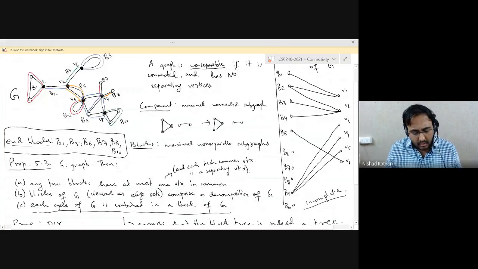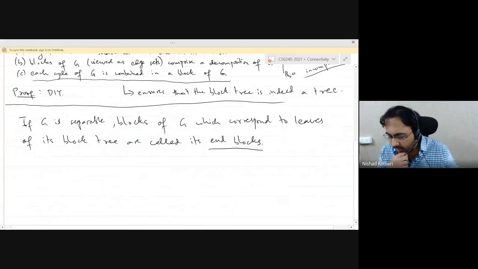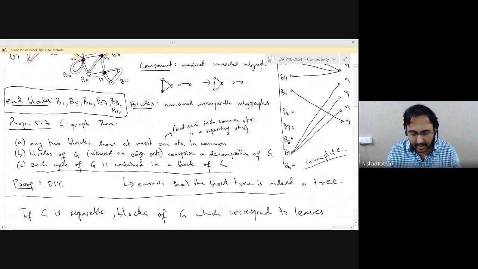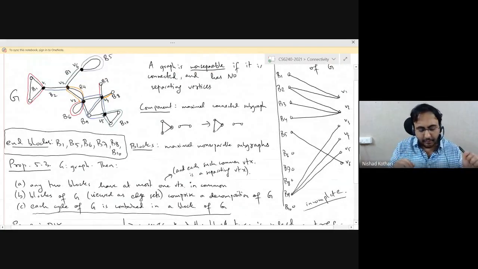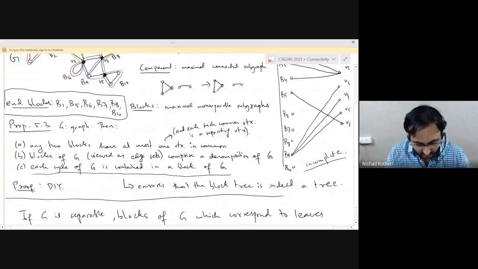All right. So these are the end blocks, and in an end block, you have two types of vertices. This is actually true for any block. For any block, you have either the separating vertices or some internal vertices. So let's define that.